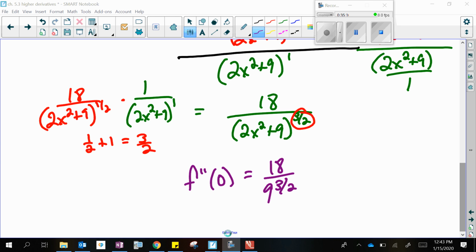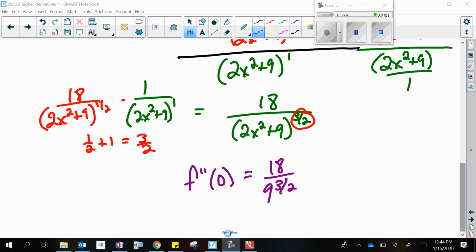So the second derivative at 2 is going to be what? 18 over 2 squared is 4 times 2, 8 plus 9. 8 plus 9 is what, 17? I have no idea what 17 to the 3 halves is. Because you can't take a square root of it, so that's going to be strange.